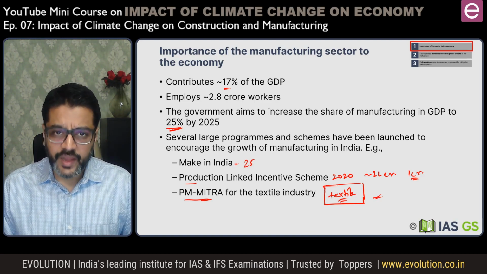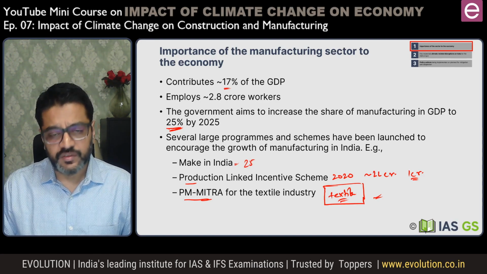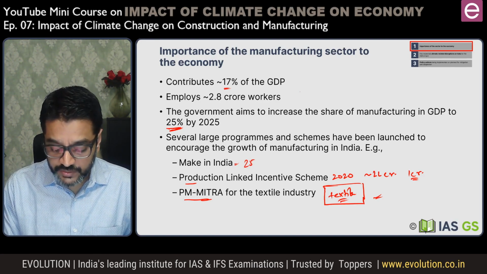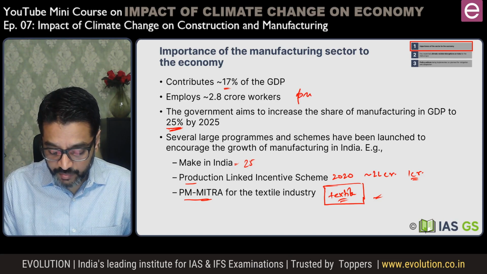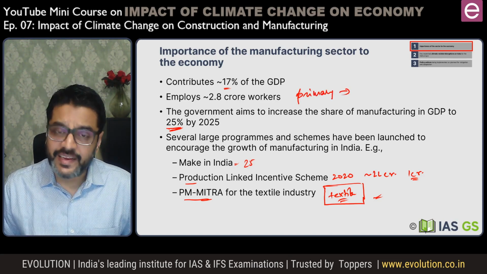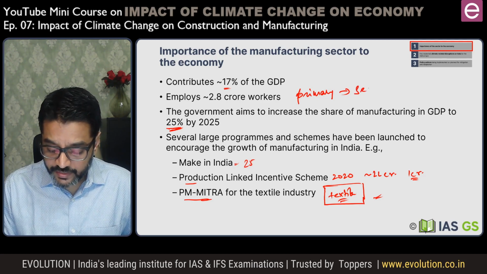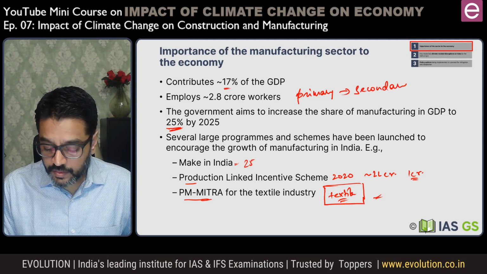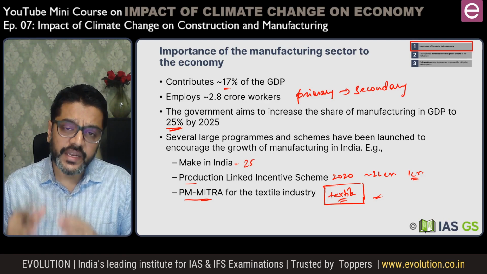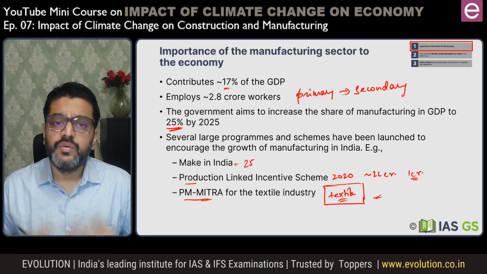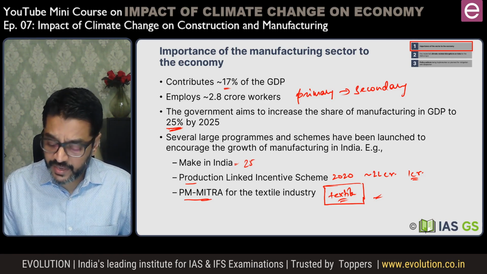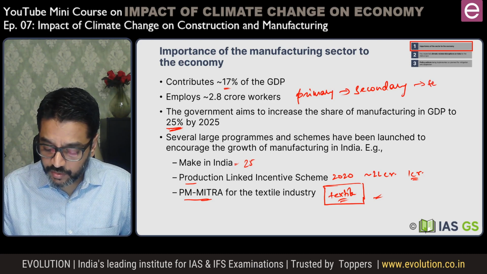So basically what happens, if you look at the economic history of the world, countries move from a stage of reliance on primary sector, right? Primary means reliance on things like agriculture, mining, etc., to the secondary sector, where you basically rely more on manufacturing to generate most of your GDP, and then finally to the tertiary or services sector, right?